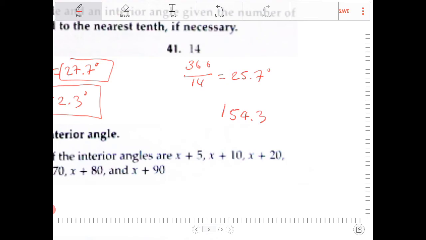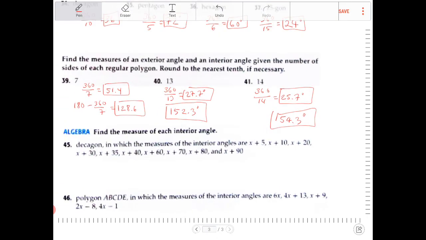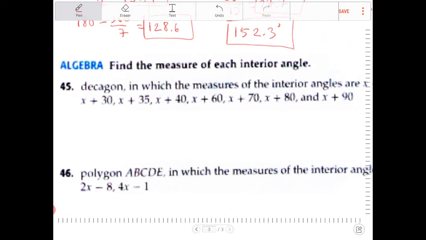So that's the exterior and that's the interior, the other way around. You know what I mean.